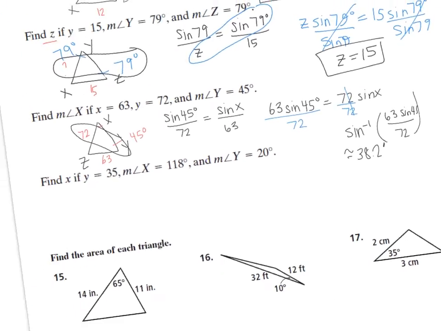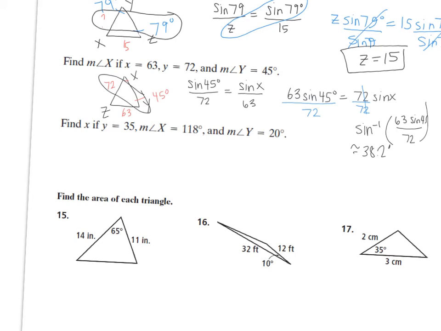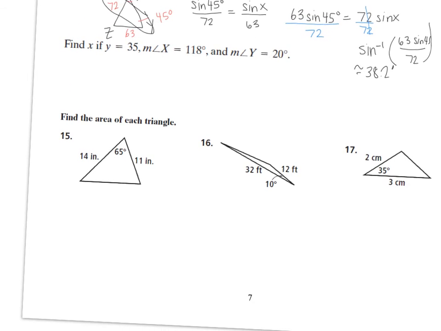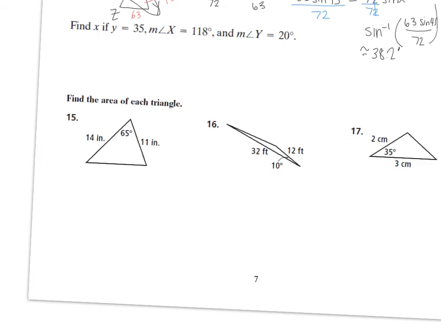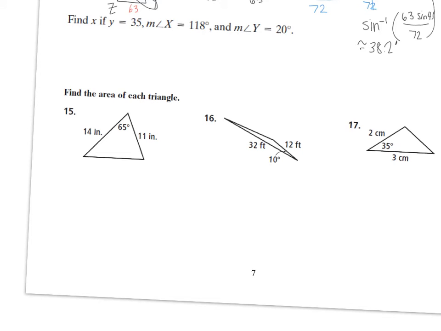Okay, and the next one is very similar. I'm going to skip down to finding the area. So to find the area of a triangle, you can use a formula. It is 1/2 BC sine of A. So we have different formulas for triangles. We have 1/2 base times height. In an equilateral triangle, you can do 1/2 the apothem times perimeter, if you remember from geometry. But in this case, we have a formula where B and C make up the angle.